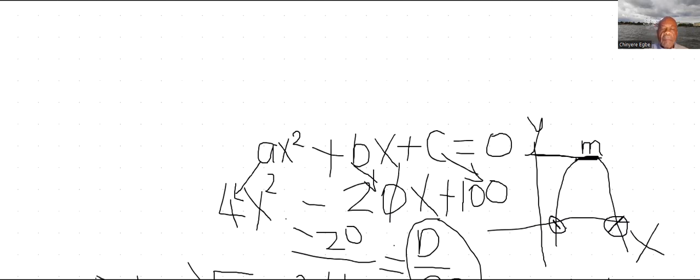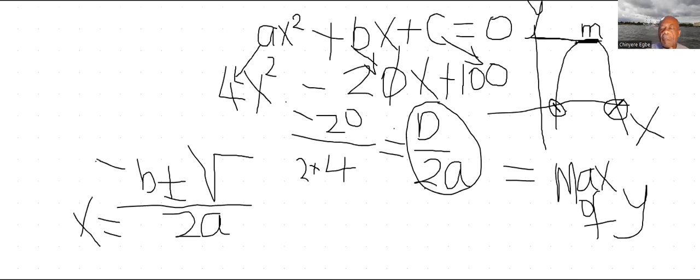Yes. Good. So when you're solving for the maximum value of Y, you use minus B over 2A. You get it? Yes, I do, because I was confused. I didn't understand which one to use or which not to use.